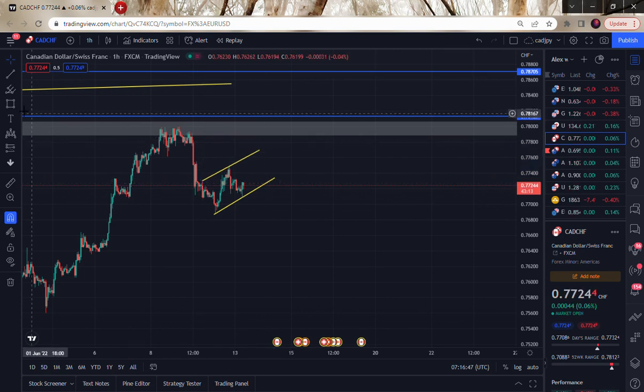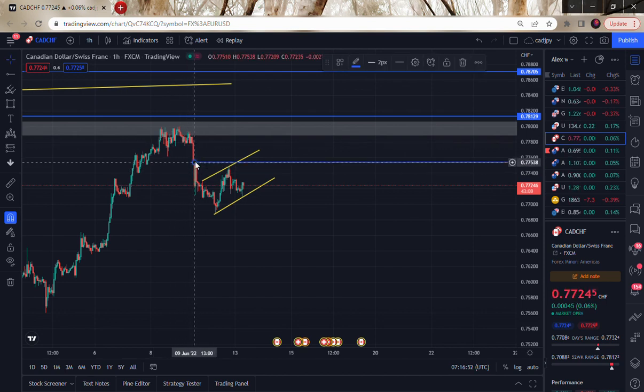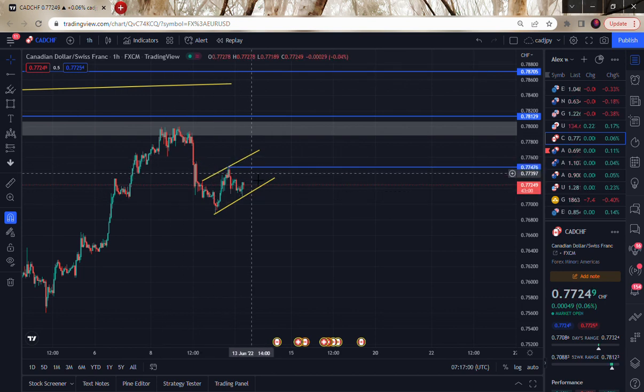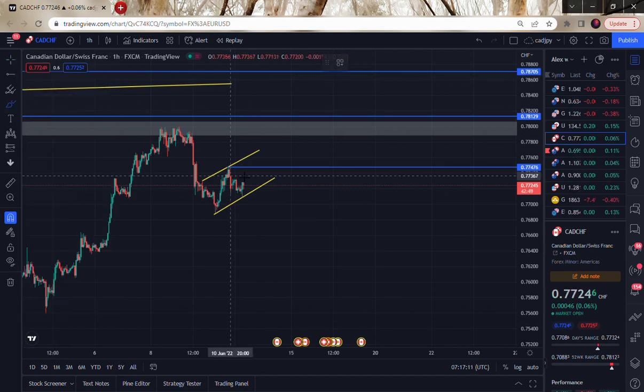So on the third touch of structure here, which is also here, we can have what we call a double top, right? And this double top can give us that signal to sell. From here we can have two options.